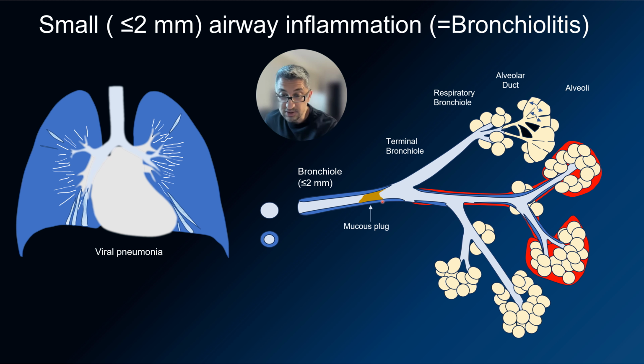If it is completely obscuring the airway, it will cause atelectasis. If it is partially causing airway narrowing, or even without mucous plugging, there is narrowing of the airway, which means that there is more air going in than air going out. So this will result in hyperinflation.